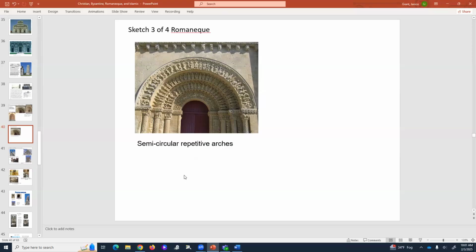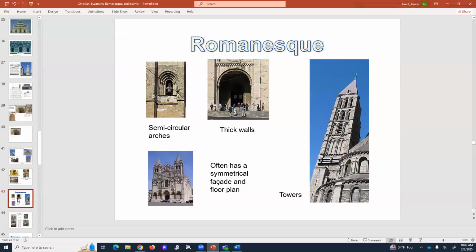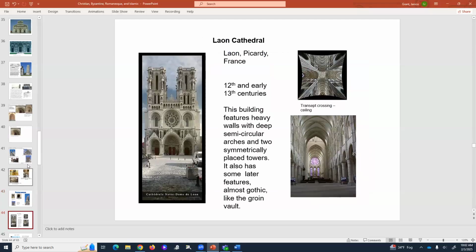Another thing would be the towers, right? Thick walls. But that's a good one.